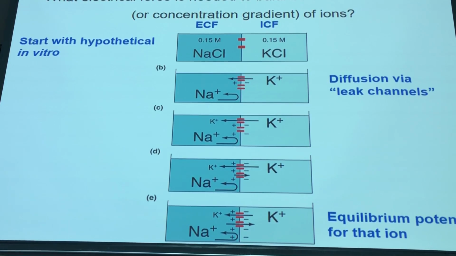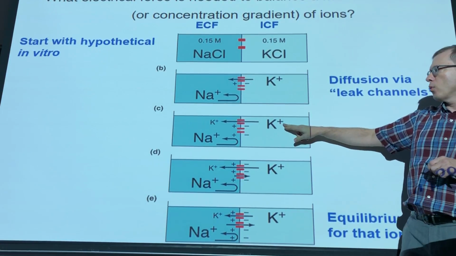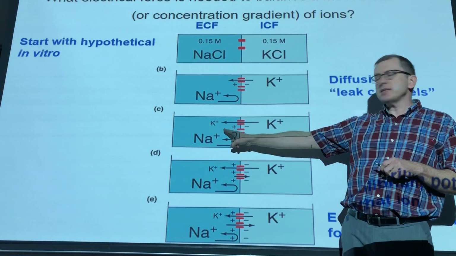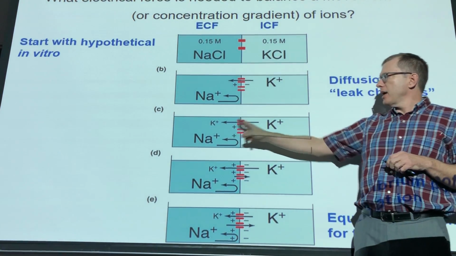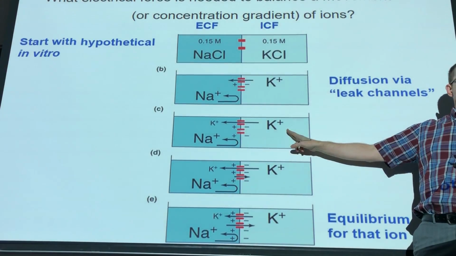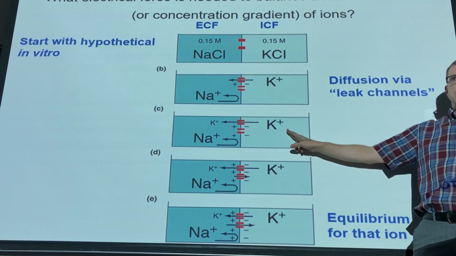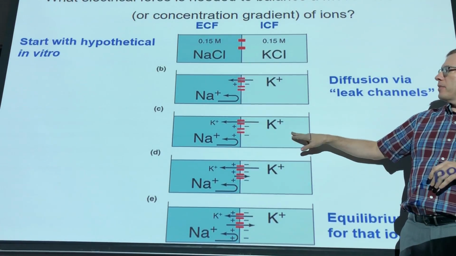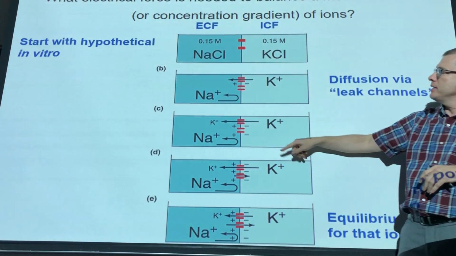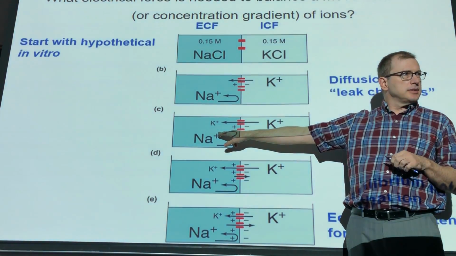And basically what's going on is the more potassium that comes over here, the more positive this side gets, and the more negative this side gets. And remember, that's what we said was the basic situation in a cell that's just sitting there, that there are negative charges that accumulate around the plasma membrane inside the cell, and there are positives outside the cell.